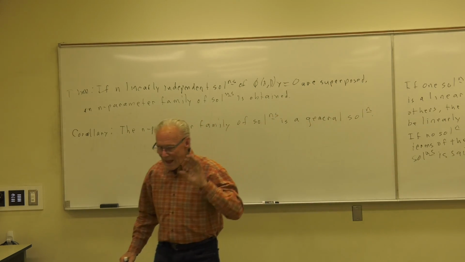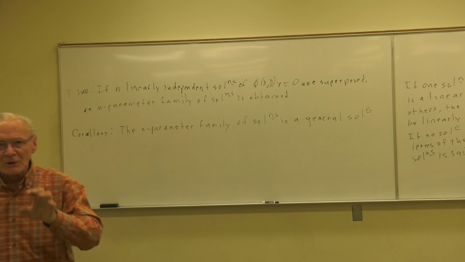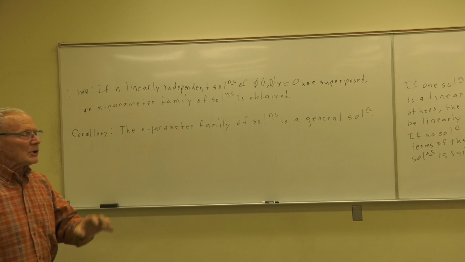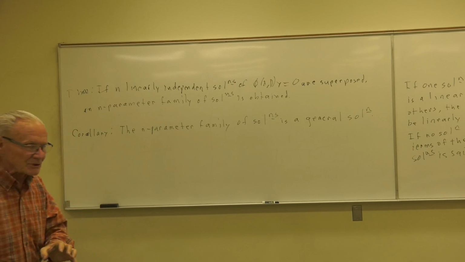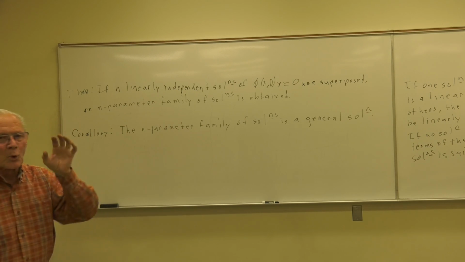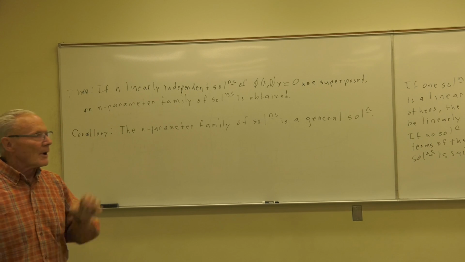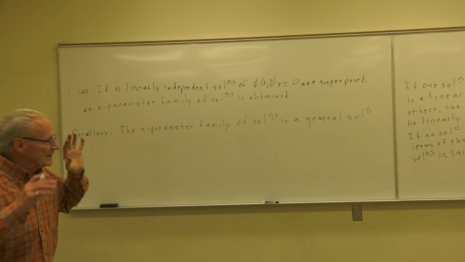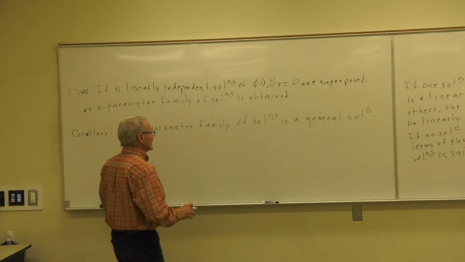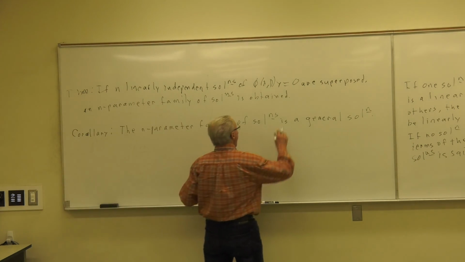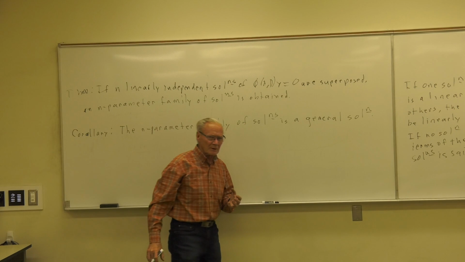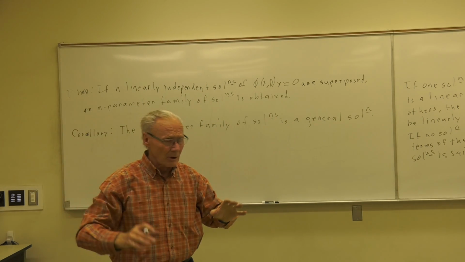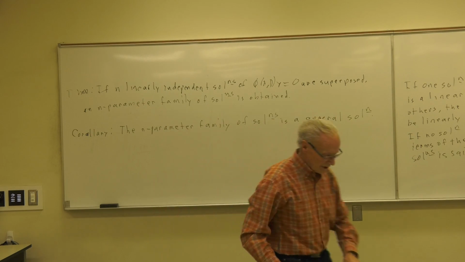If you take n linearly independent solutions, you superpose them, you get an n-parameter family of solutions, and it will be general. All solutions are there. There can't be any more. This is the optimum result. But remember, we're talking about a linear, homogeneous differential equation. We're not talking about any sort of differential equation. It's got to be linear, and it's got to be homogeneous.